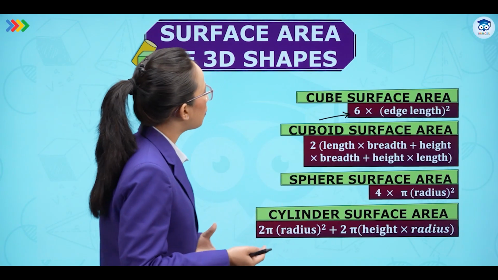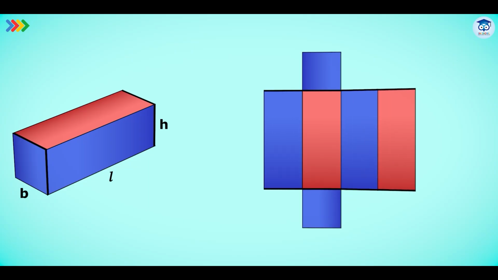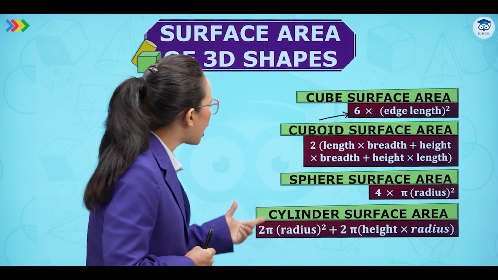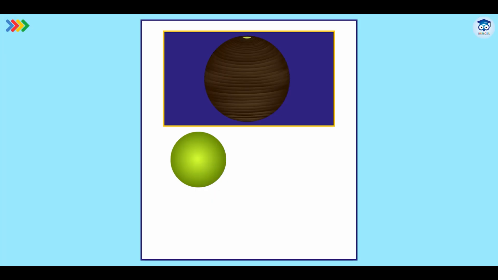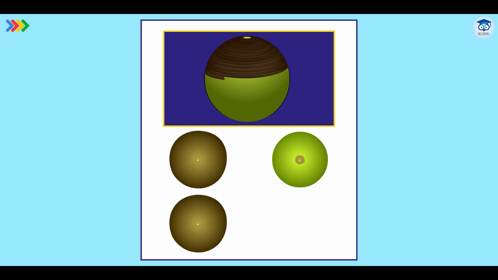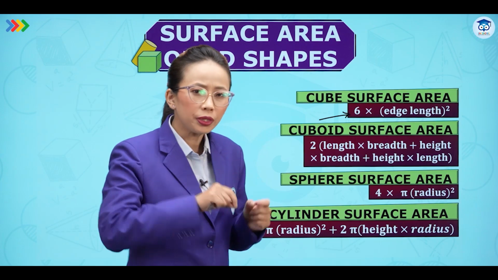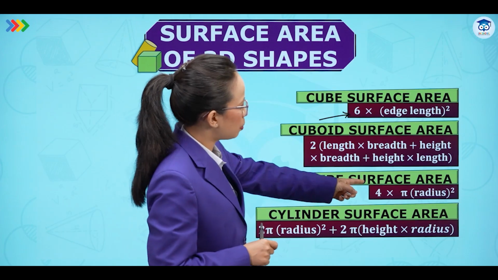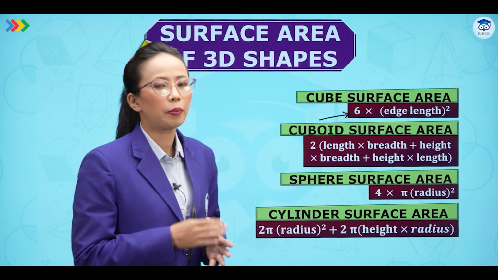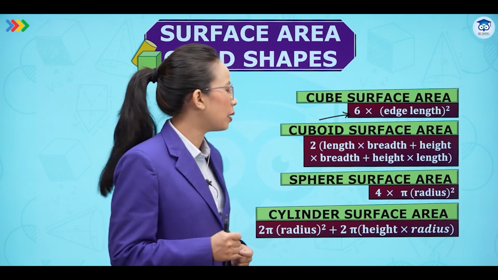Now talking about the cuboid, we have twice of length into breadth plus breadth into height plus height into length, right? Moving ahead, we have the sphere's area, which is 4 pi radius square, where r is fixed for a particular sphere. And pi is a mathematical constant whose value is approximately equal to 22/7.